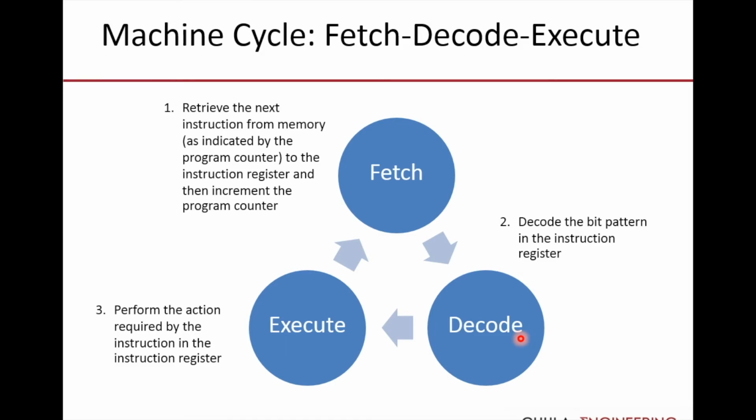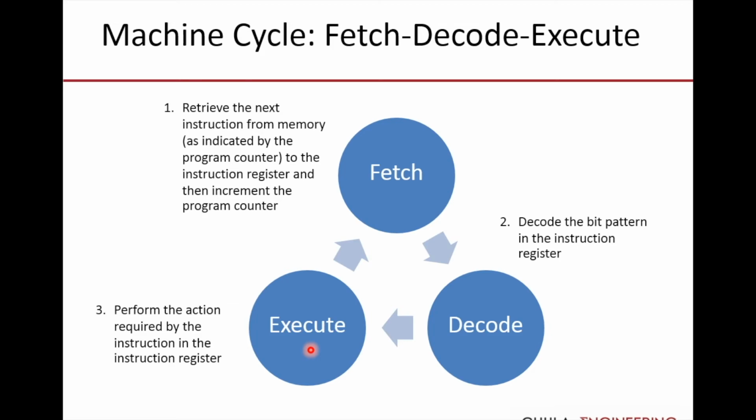After the instruction is decoded, the CPU will perform the execution step. In the execution step, the control unit will ask the ALU, or arithmetic and logical unit, to perform the computation based on the instruction that was decoded in step 2.